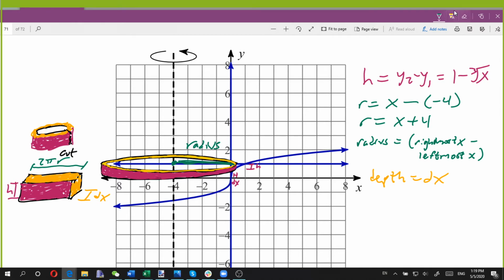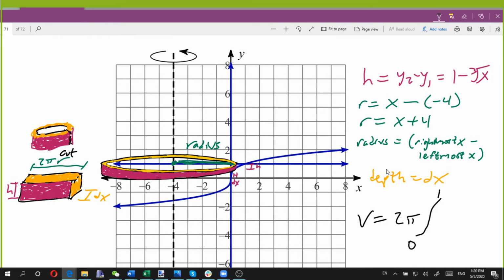Okay, Kelly, so let's go ahead and set up our volume equation then. What would our volume be equal to? 2 pi. Okay, 2 pi, and we're going to integrate from 0 to 1.